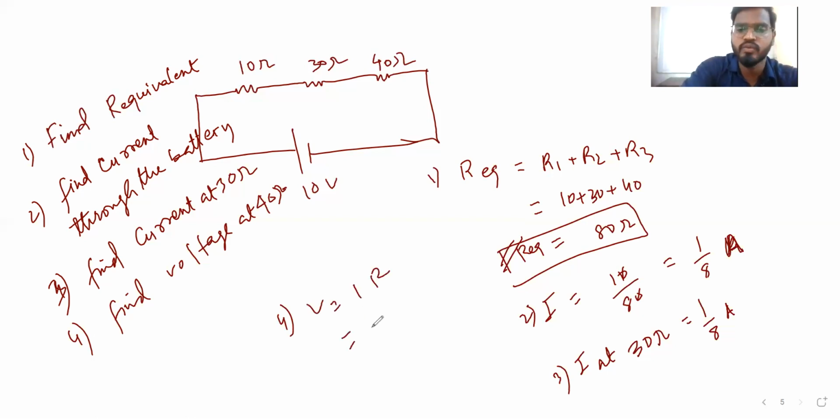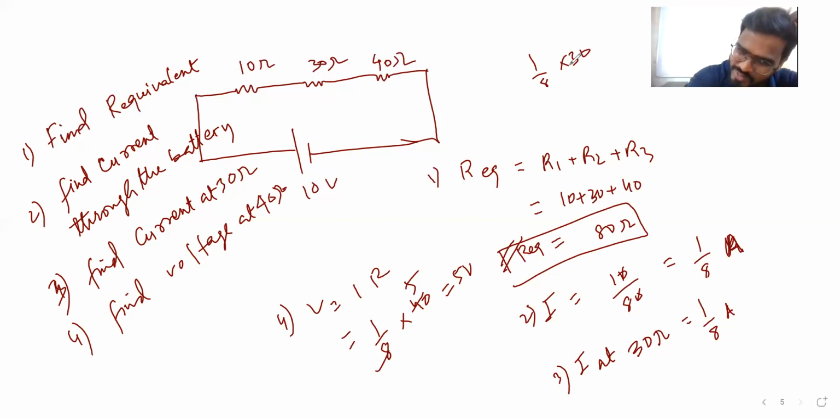I is 1 by 8 because in a series the current is the same everywhere. R is 40. So voltage is 5. 5 volt will be used by this. Now see here, 1 by 8 into 30, you can solve it. It will be less than 5. So all together it will be 10 only. Fine.